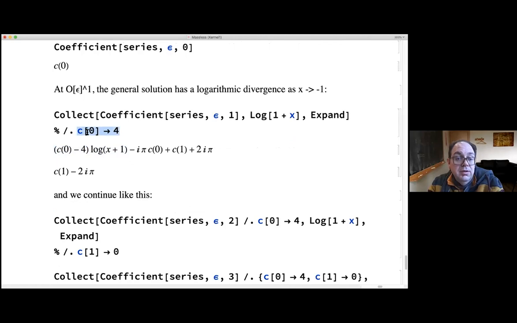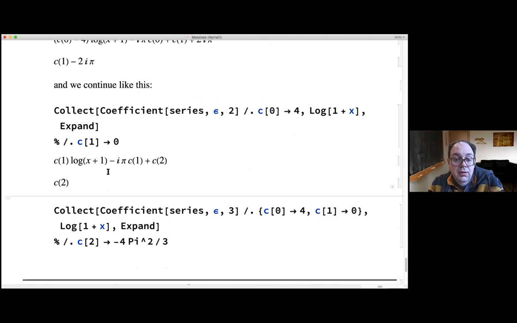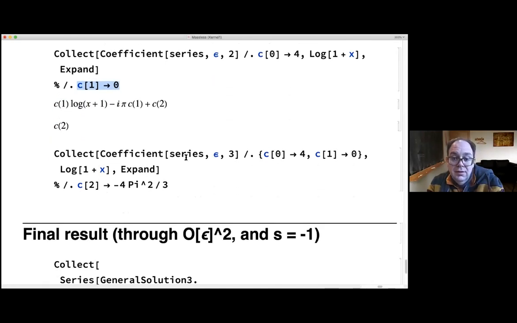So C0 must be 4. C1 I cannot constrain at this order. If I go to order epsilon squared, and I inject that I now know C0 is equal to 4, you see that there's a log of 1 plus x unless C1 is 0. So C1 is also fixed.